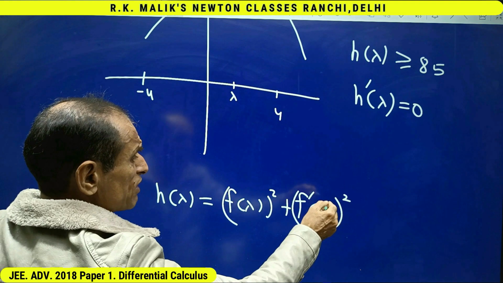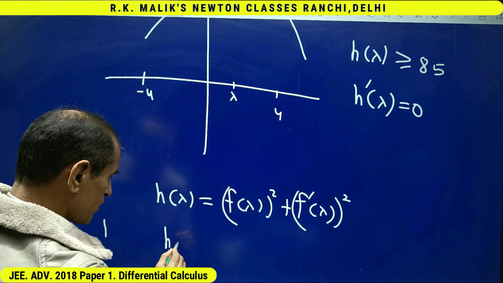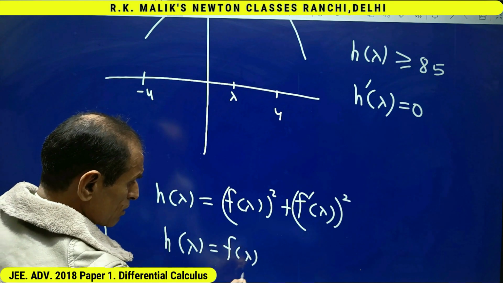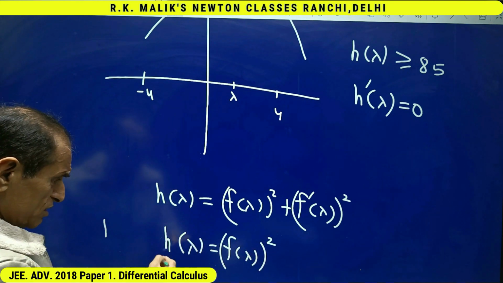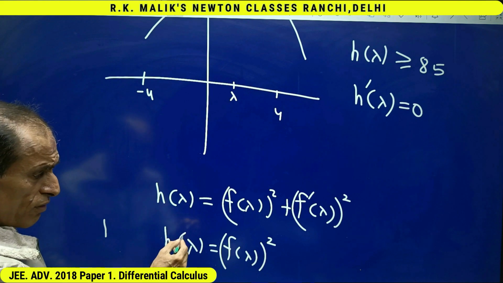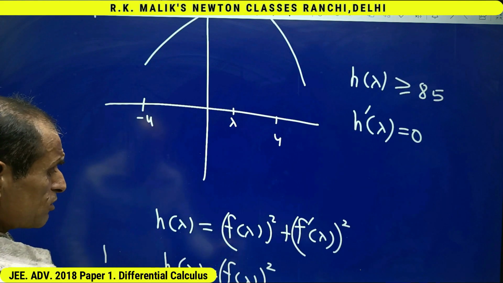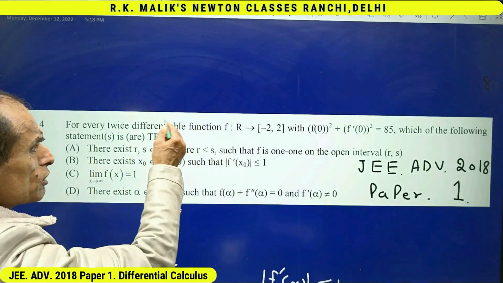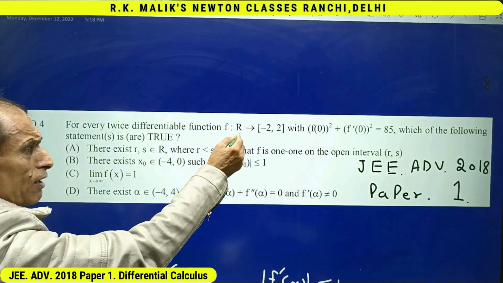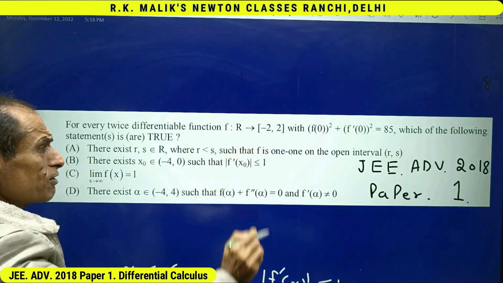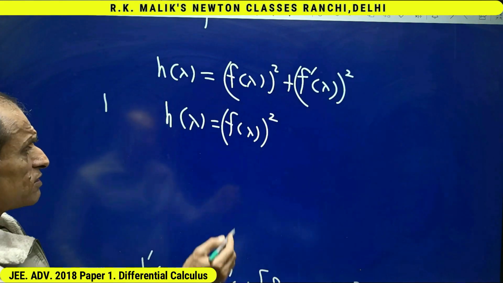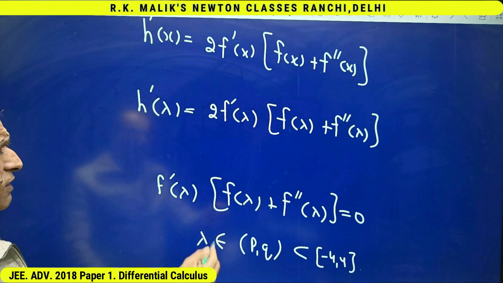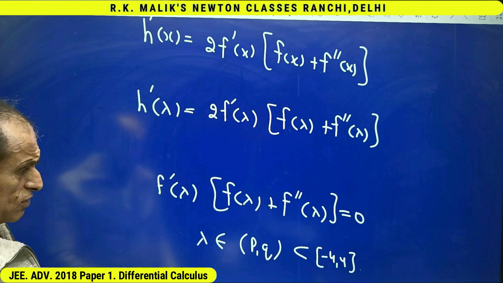If I take f dash lambda as 0, I will be getting the conclusion that h lambda is equal to f lambda square, and this is greater than 5, and the value of this is less than or equal to 4, because according to the given information the value of f lambda lies in the interval -2 to 2. Hence, reaching a wrong conclusion means that I can't take f dash lambda as 0.